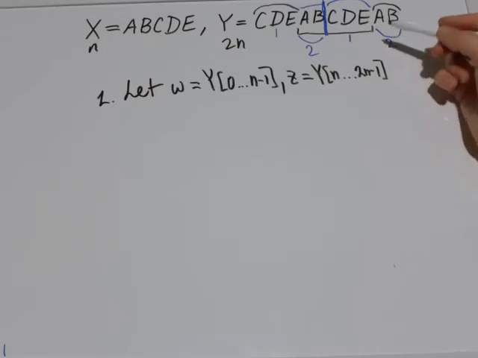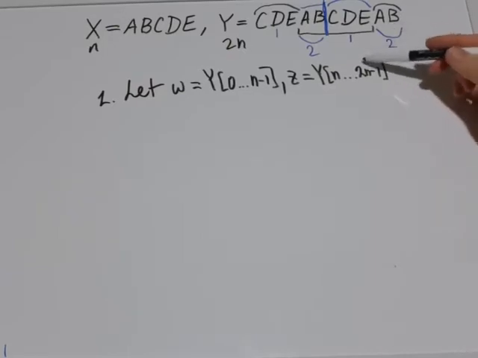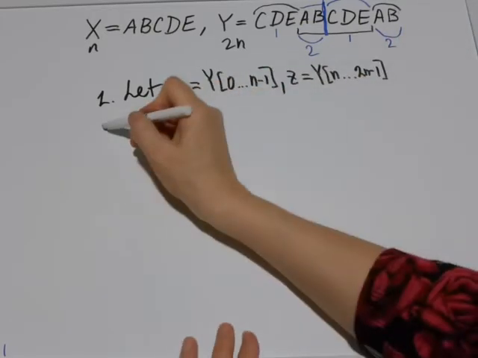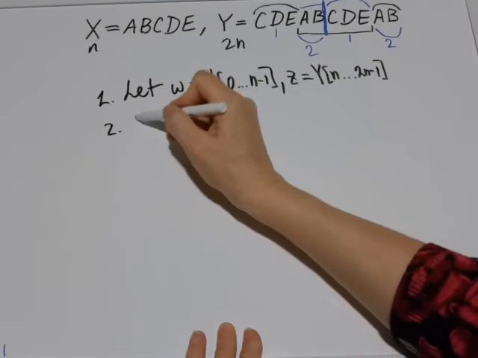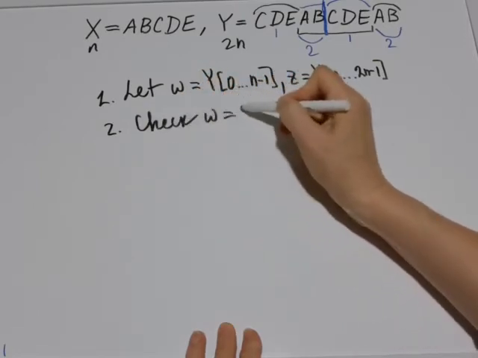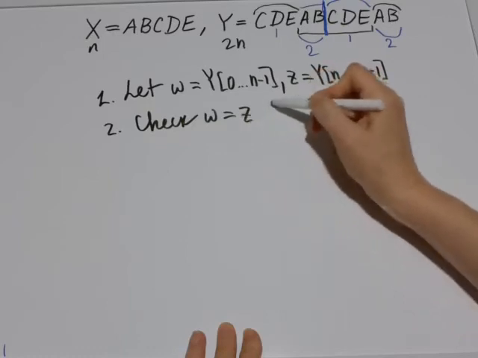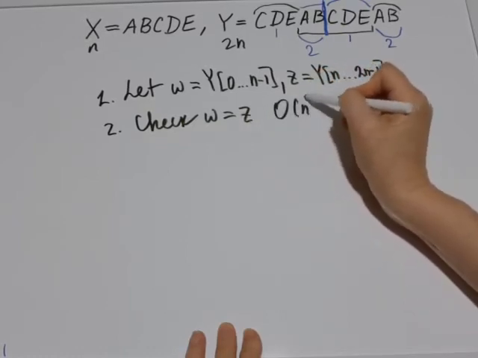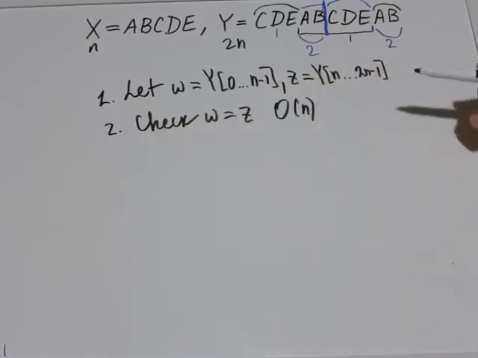Index starts with 0 and length is 2n, so the last index is 2n minus 1. Now we need to check that w is equal to z. This is done in O of n time by comparing each corresponding index.